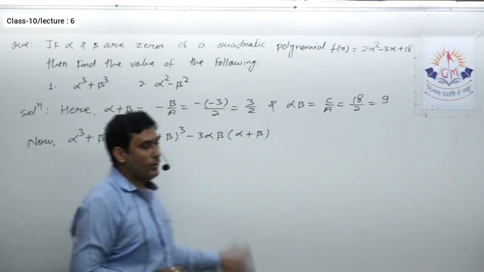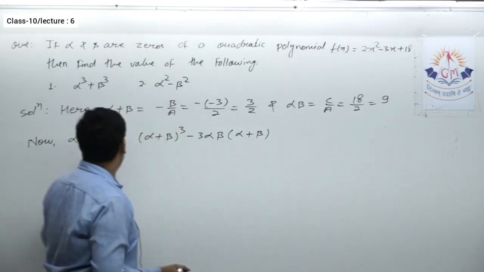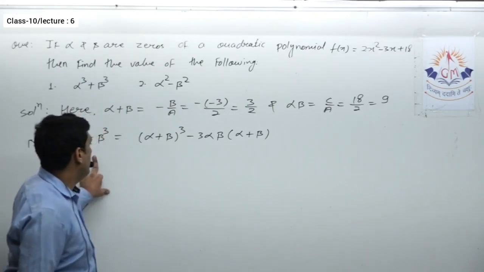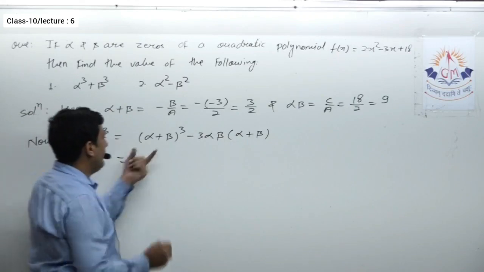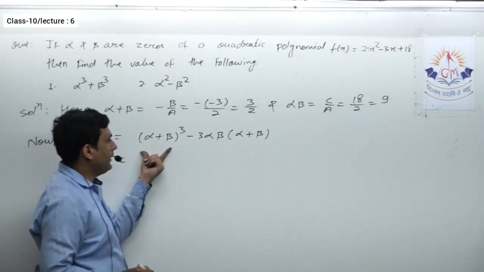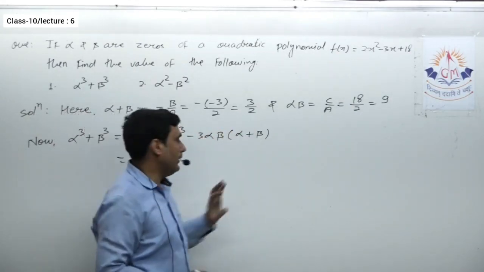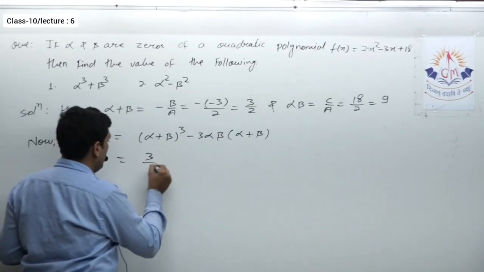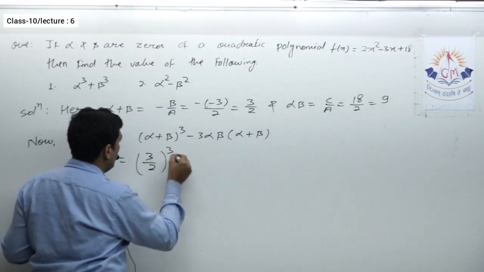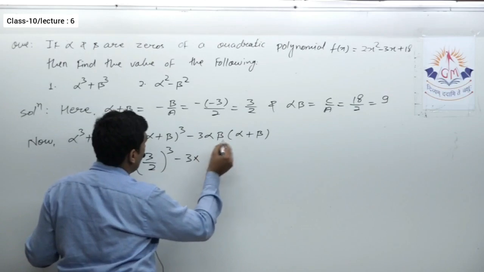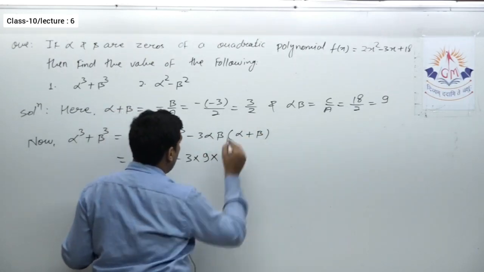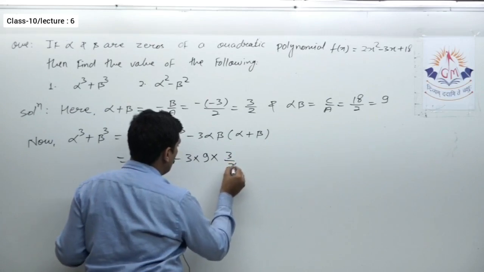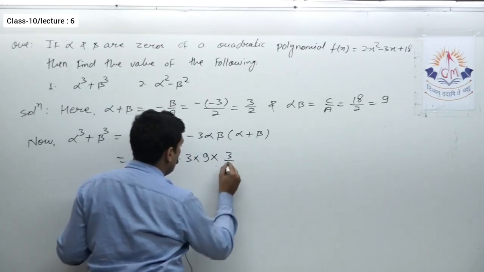This is the identity of alpha cube plus beta cube. It's very easy. We have the value of alpha plus beta, that is 3 upon 2, so (3 upon 2) cube minus 3 into alpha beta, which is 9, and alpha plus beta is again 3 by 2.